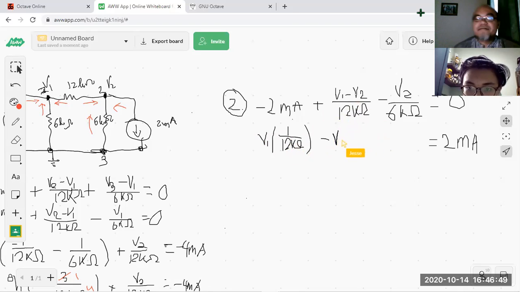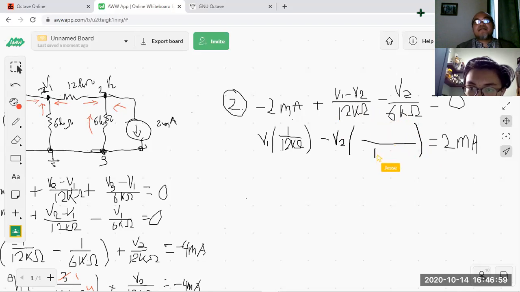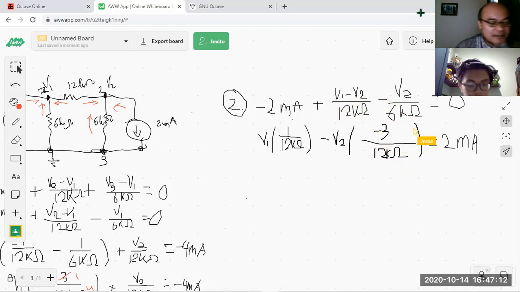Be careful. 6, also -3, right? Yes, -3. Okay, simplify further.